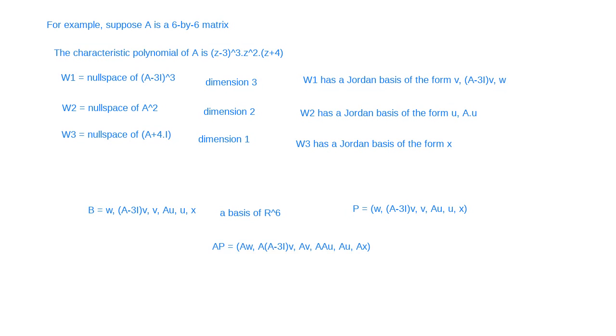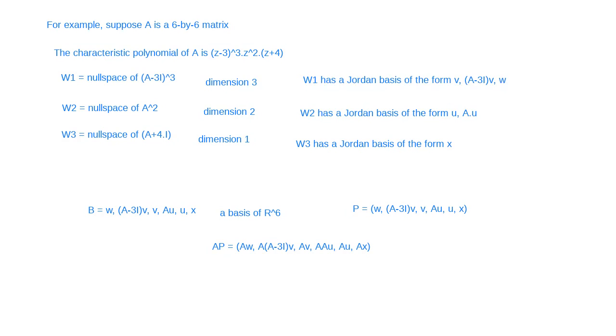But my Jordan basis for W1, the fact that it's of the form V, A minus 3I times V, and W, means that A minus 3I times W equals 0. So AW is just 3W.